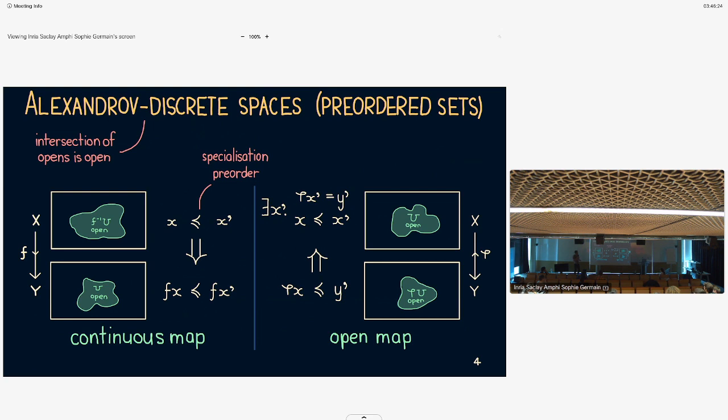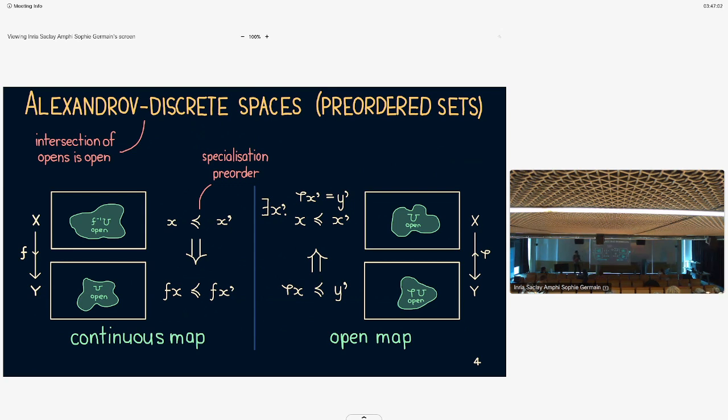And there's some kind of equivalence between this notion and this. An Alexandrov discrete space is a kind of topological space where not only finite intersections of open sets are open, but arbitrary intersections of open sets are open. And there's a way of going back and forth between these two notions. From pre-ordered sets to Alexandrov discrete spaces, you take the upwards closed sets as the open sets of the topology.